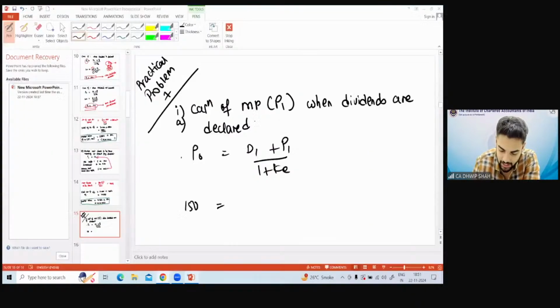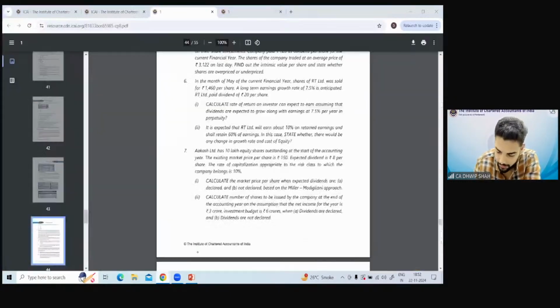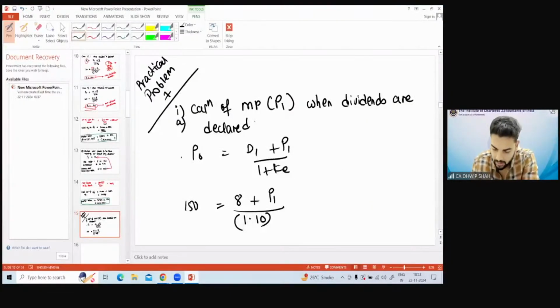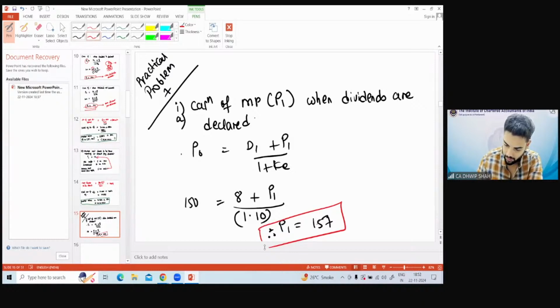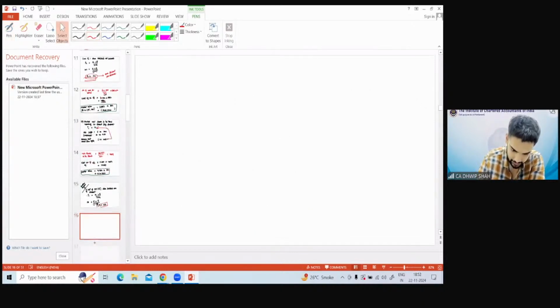It is 8 per share. I don't know the price because I have to calculate that. And cost of equity is 1.1. Correct? So how much is my P1? Yes, 157. 157 when dividends are declared.